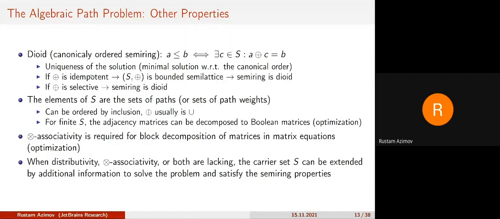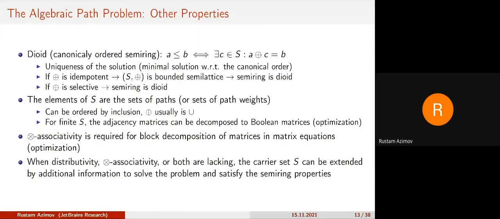Here we can talk about uniqueness of the solution, but also important are semirings whose carrier set elements are sets of paths or sets of information about paths, path weights. We already saw this in the example with the finite state automaton.